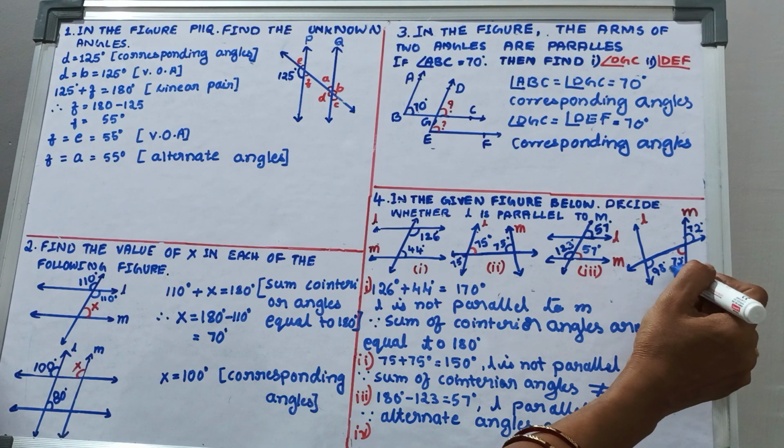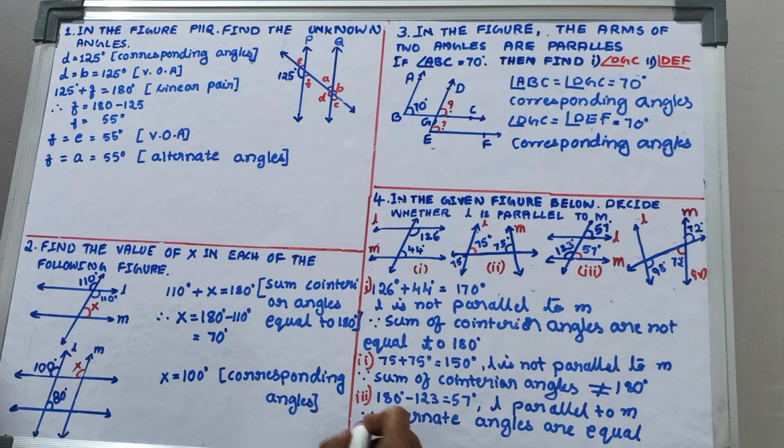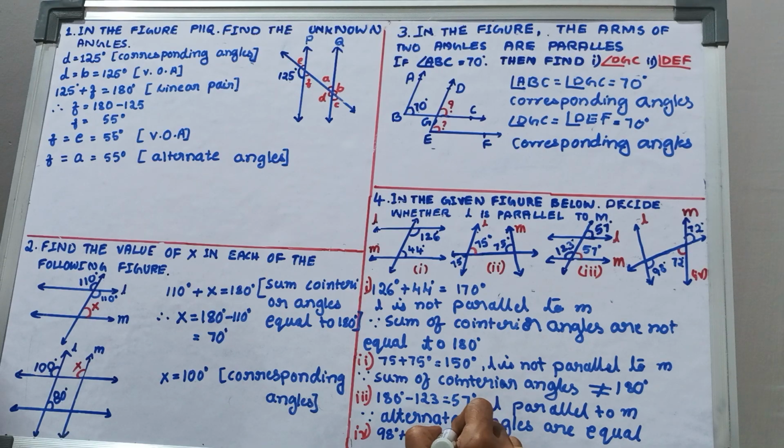If their sum is equal to 180 degree, then L parallel to M. Let us check it. 98 degree plus 72 degree is equal to 170 degree. Sum is not equal to 180 degree. Therefore, L is not parallel to M.